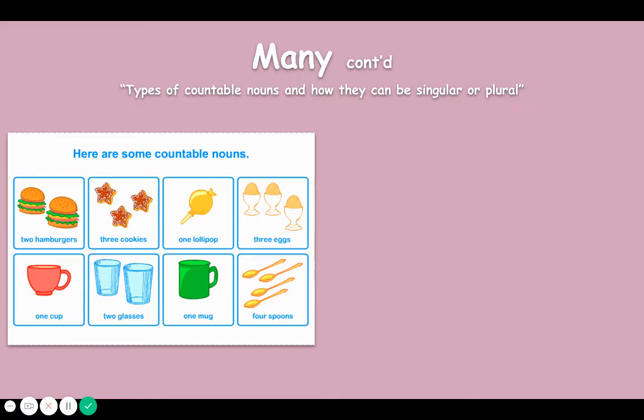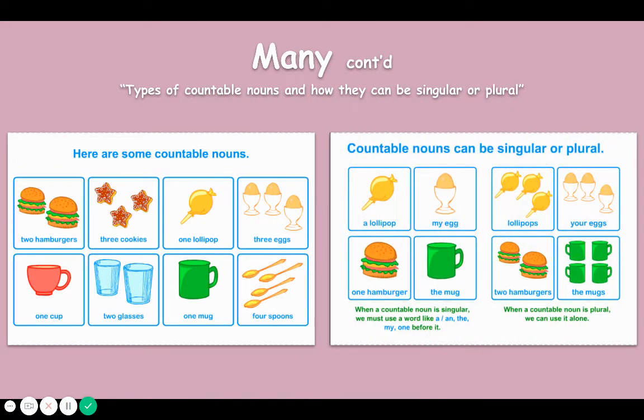Now you notice each one of these has a number in the beginning, as we had spoke about before. Countable nouns can be singular or plural. A lollipop, my egg, 1 hamburger, the mug, lollipops, your eggs, 2 hamburgers, the mugs.